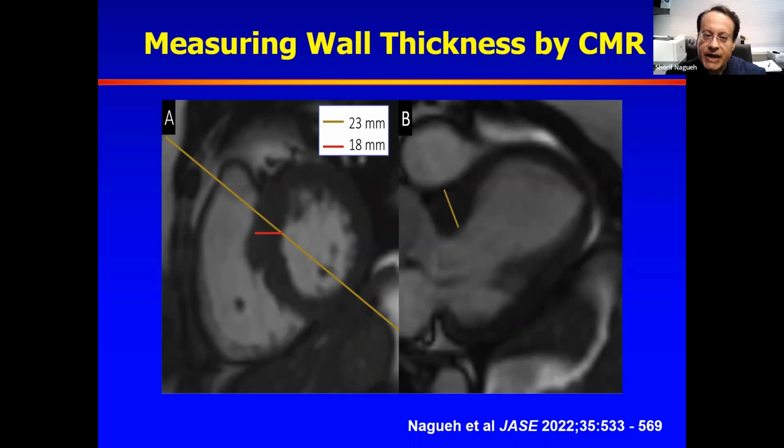And you see here again a nice example where the oblique cut results in an erroneous measurement for the septal thickness of 23 millimeters when it is only 18 millimeters.